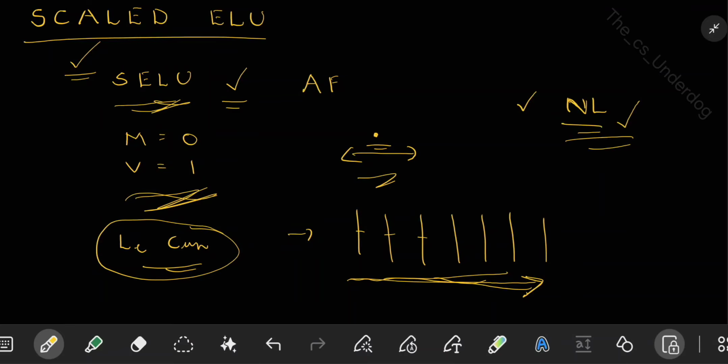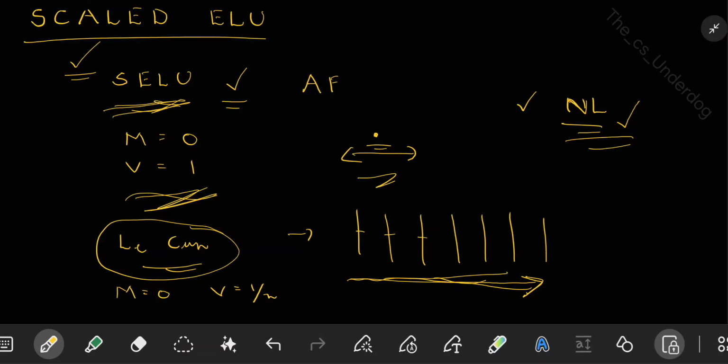This initialization is done so that it supports self-normalization in case of SELU. If you don't do this initialization, then automatically normalization also doesn't work. And what does LeCun initialization say? It says the mean of your weights should be 0 and variance should be 1 by n.